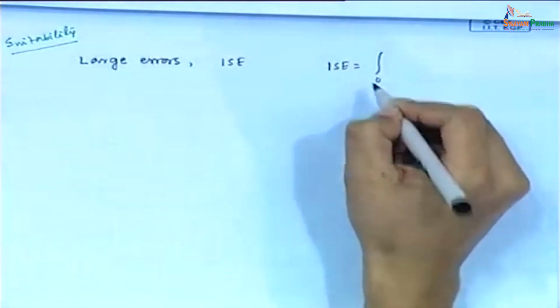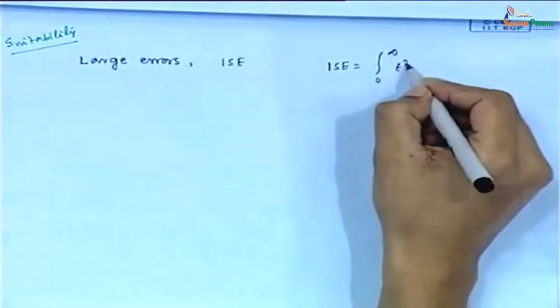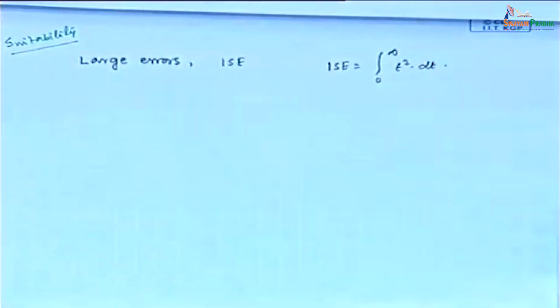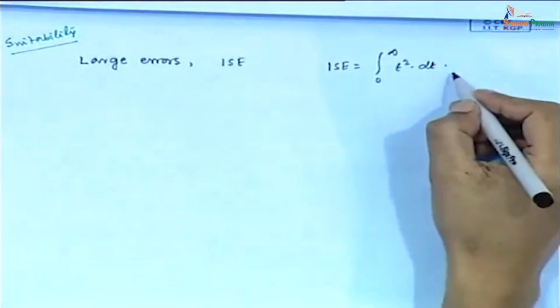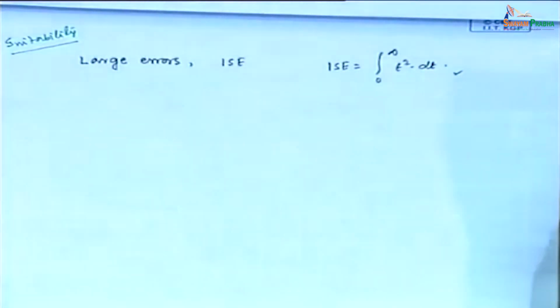It has this form. Now, if we square the error, it becomes larger. Therefore, this ISE performance criterion is used.